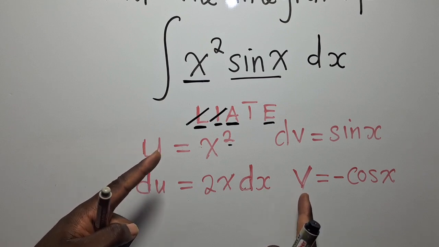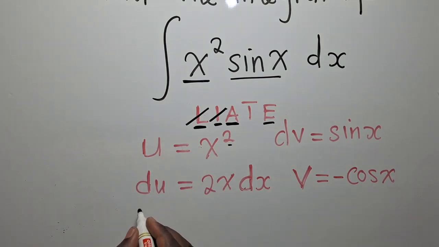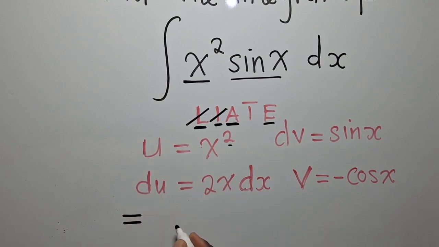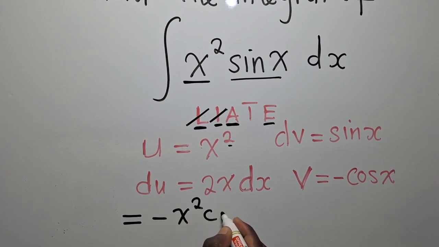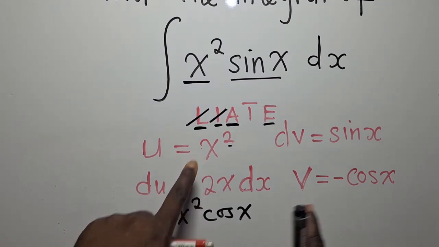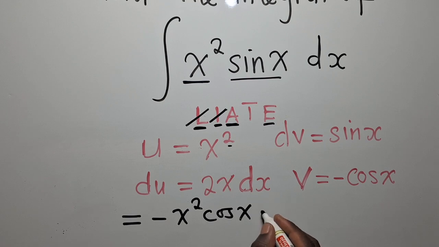You multiply this by this, and it will of course give us negative x power 2 cos x. I've just taken this by this, and it gave us this. Then we say minus integral. Remember, this is how by parts moves.